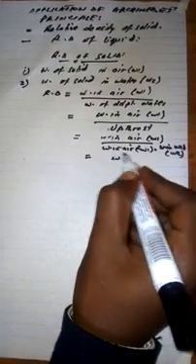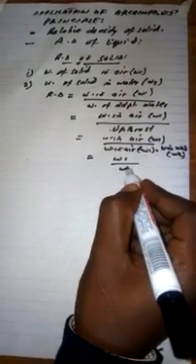So we can write the relative density is weight 1 divided by weight 1 minus weight 2. These are the procedures necessary to determine the relative density of the solid. Alright? Okay, so let us see the other method of calculating the relative density.